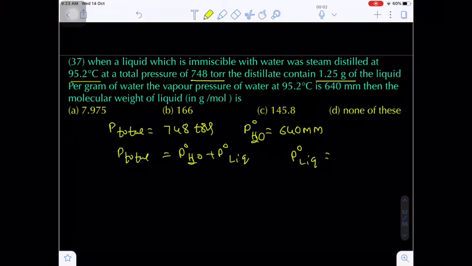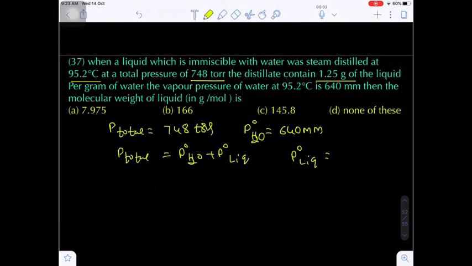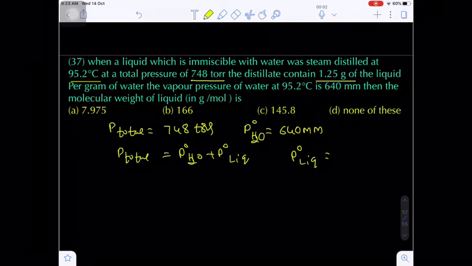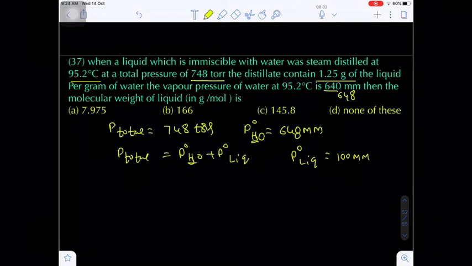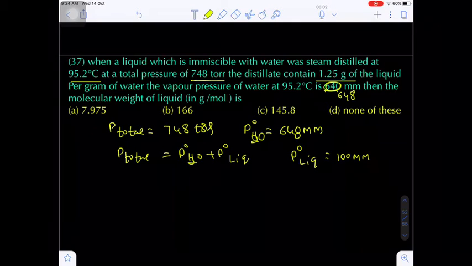From here the vapor pressure of the pure liquid will be equal to 748 minus 640. Small correction: the value of the vapor pressure of water here should be 648. So 748 minus 648, the vapor pressure of the pure liquid will be 100 mm. Are you getting my point?